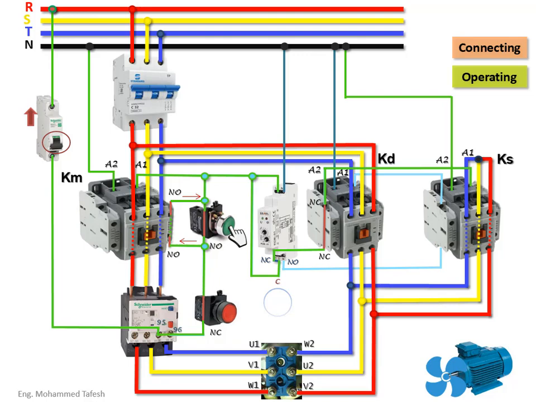The 3 input terminals of the coils in the motor were connected to the power circuit through the main contactor Km, and the 3 output terminals of the coils of the motor were connected to the star circuit through the contactor Ks. Now the motor is ready to run, and it all works at the same moment.